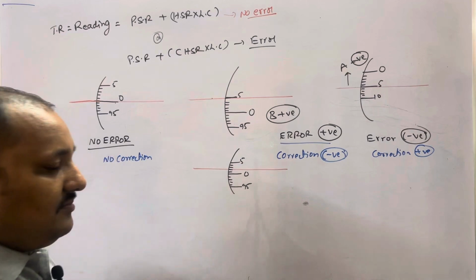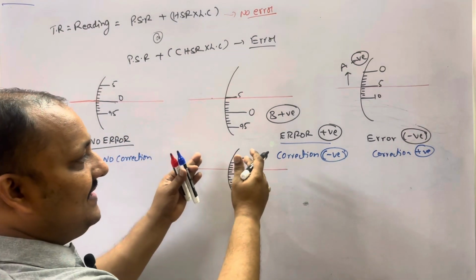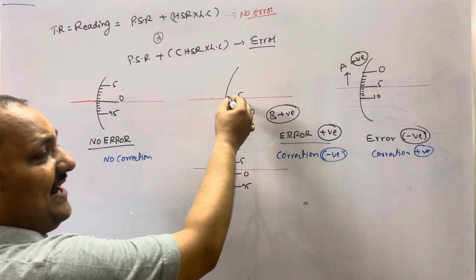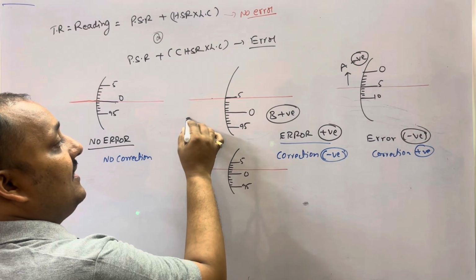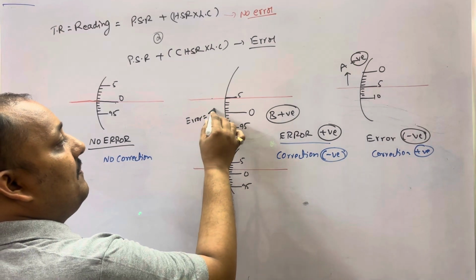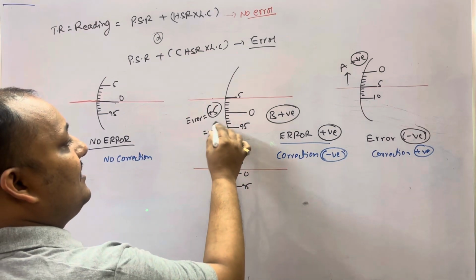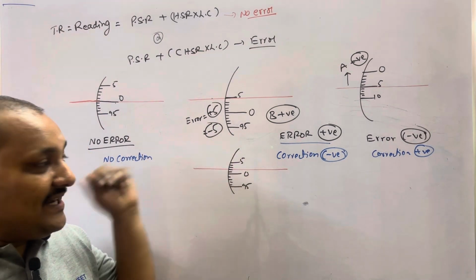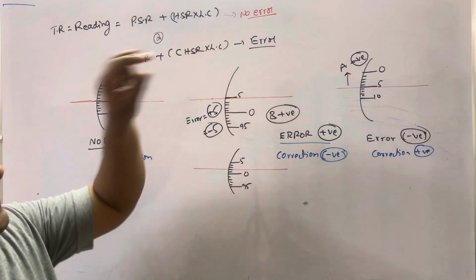Let us assume that whenever no object is there, 0 is 5 divisions below the index line. Then the error they gave is plus 5, so the correction should be minus 5. This minus 5 you have to add to the head scale reading. That is the corrected head scale reading.